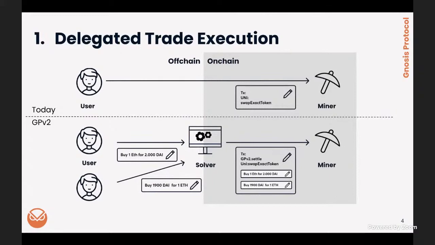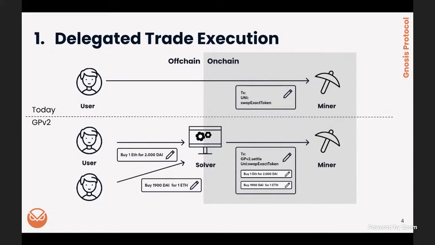And that allows us to actually be even more efficient than if every user was going to settle their trade individually, because if we batch 5 or 6 trades into a single Ethereum transaction, that costs less gas than settling these 5 or 6 trades as individual transactions on chain. The other cool thing that comes from this aggregation is that the solver can now apply certain rules to the settlement.